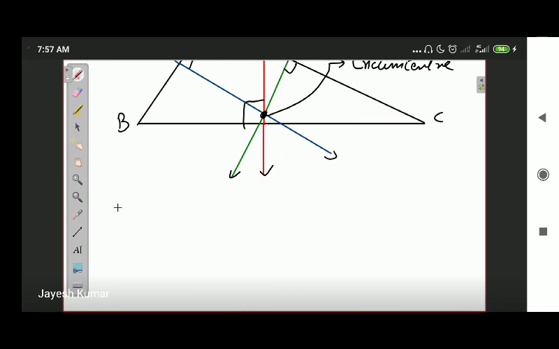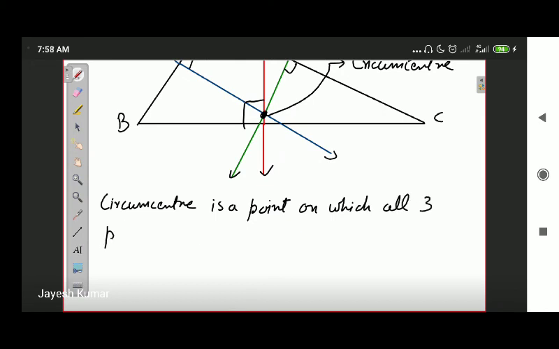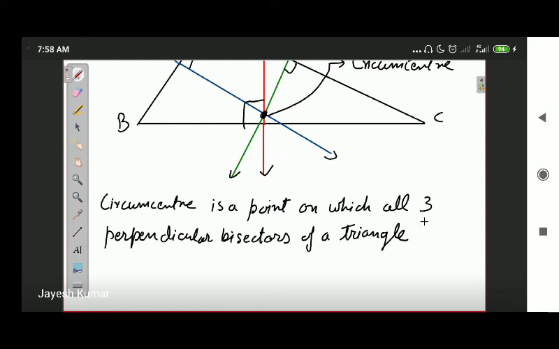It is a point at which all three perpendicular bisectors of a triangle intersect.